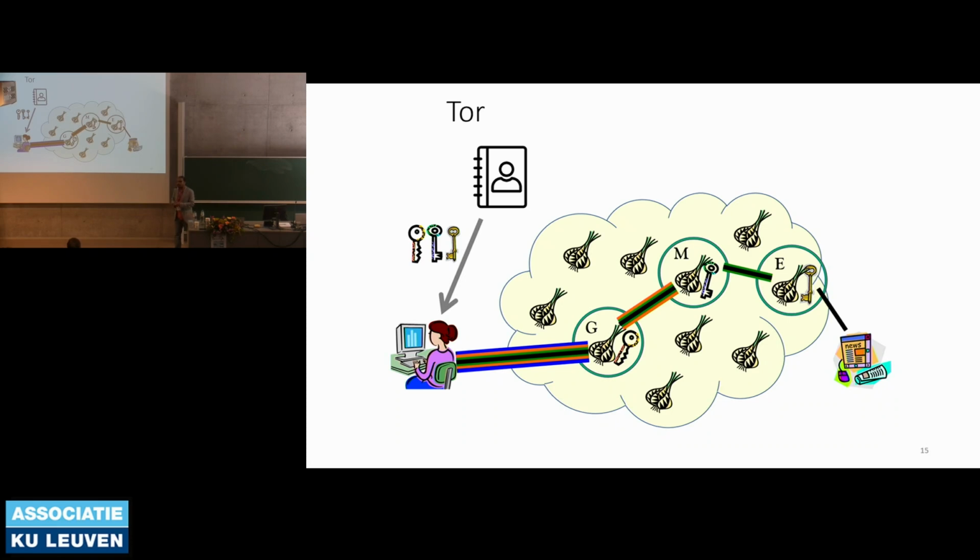So unless you control everything or can observe everything, it seems difficult to actually track, right? If Alice sends a packet, the guard node cannot see where it is going, the middle node cannot see where it came from, and the exit node doesn't see where it came from. So did we achieve anonymity? Yes.